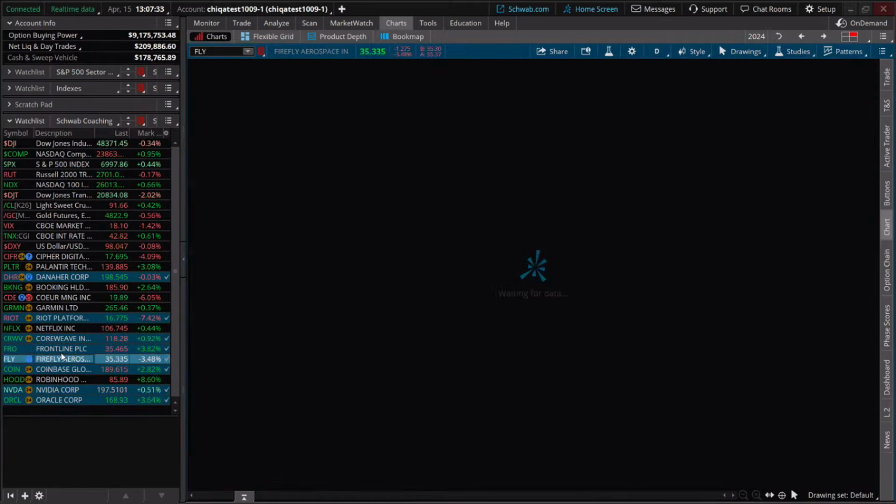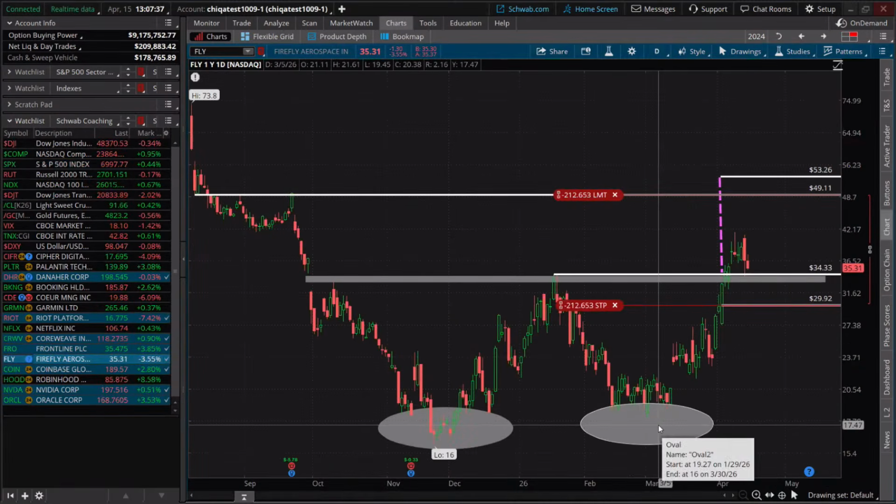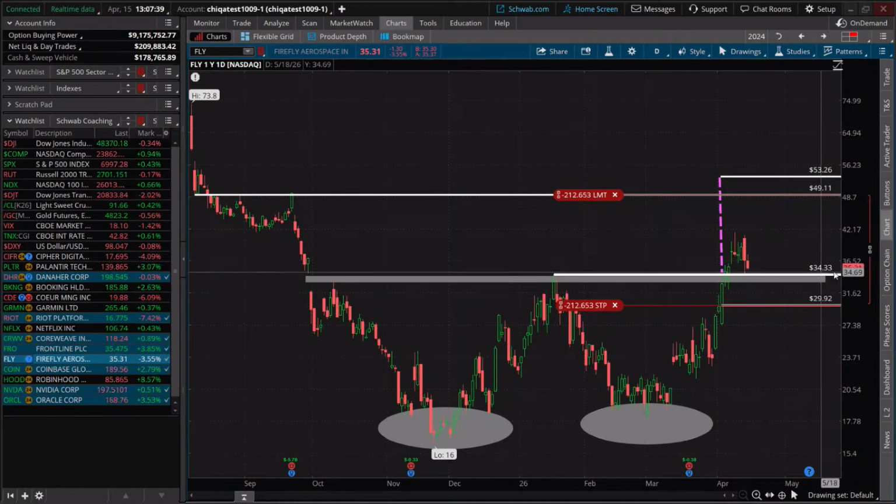Another trade that we have been in is this double bottom in Firefly Aerospace. So we took our trade with a move above 34.33. We had our stop at the midpoint of this very large candle. We are seeing a little bit of retest for that today.